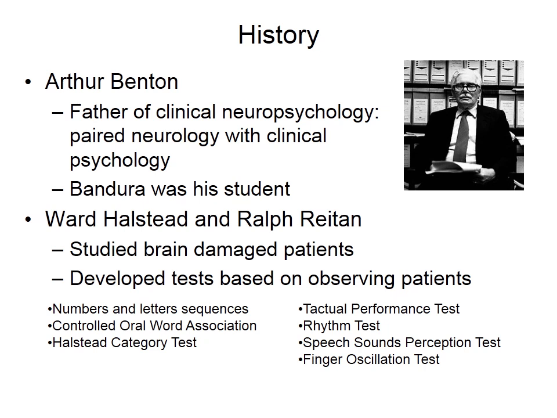Tactile performance tests, being able to do various physical tasks based on feel, using your hands. Rhythm tests, looking at the ability to recognize differences in sounds and rhythms, the sensory perception of sound. Speech sound perception tests, further delineation of how people understand complex sounds. Finger oscillation tests, again more fine motor control.